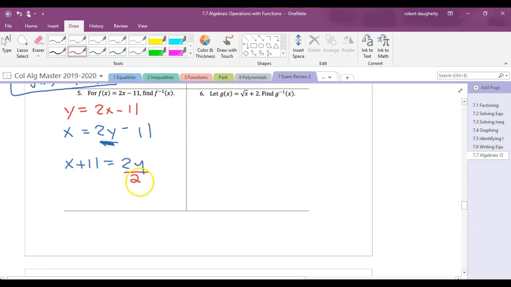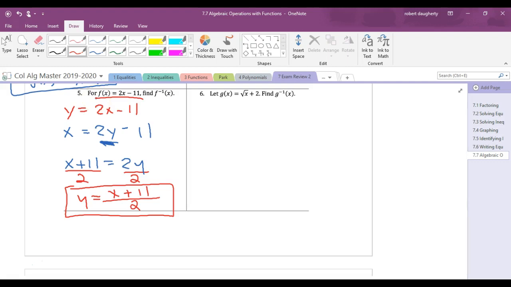Divide both sides by 2. So you're going to get y is equal to x plus 11 over 2. The other way to think about this is, when you read this, multiply x by 2 and then subtract 11. What's the backwards of doing that? Adding 11 and then dividing by 2, which is what you see right here. So f inverse is x plus 11 over 2.